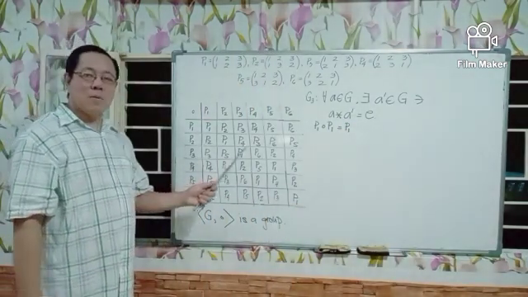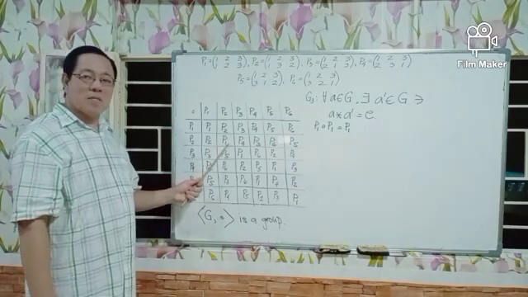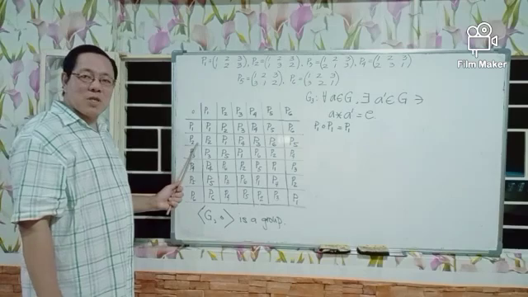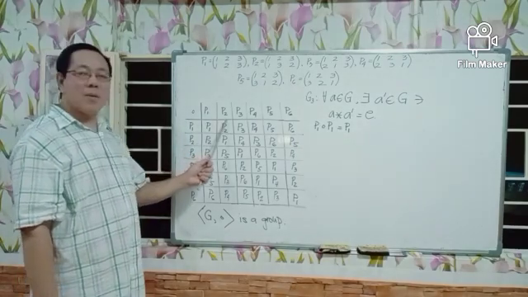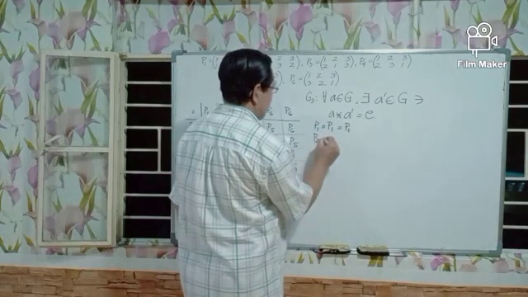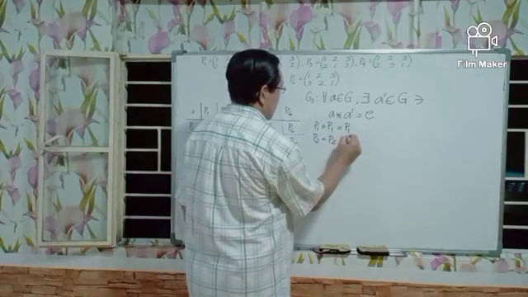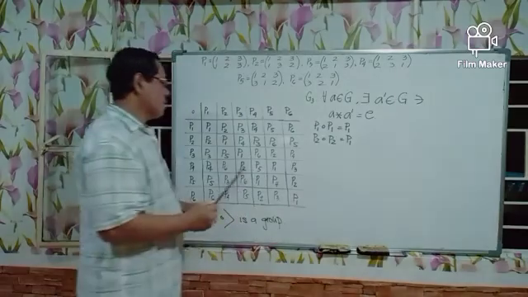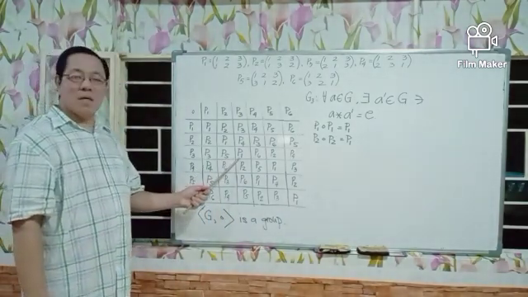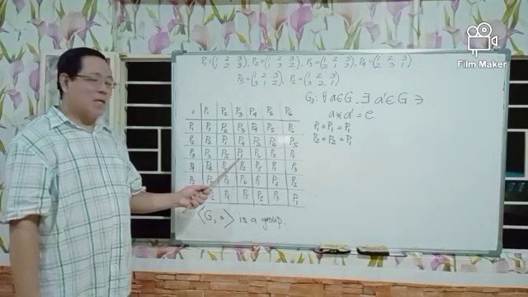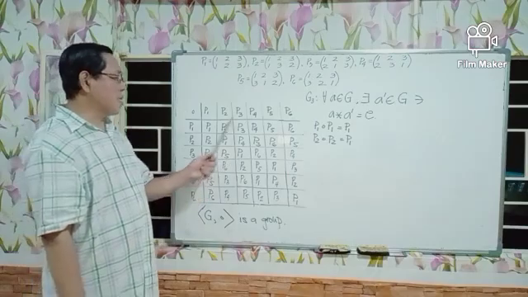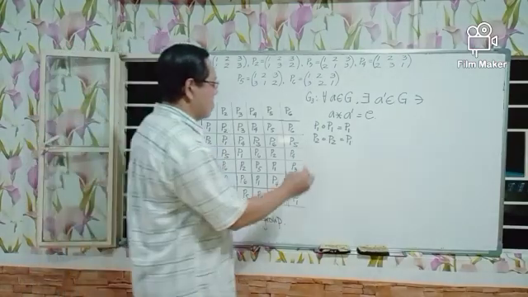In the second row, P1 appears in this cell, and P1 is equal to the composition of P2 and P2. In the third row, P1 is in this cell, and P1 here is equal to the composition of P3 with itself.